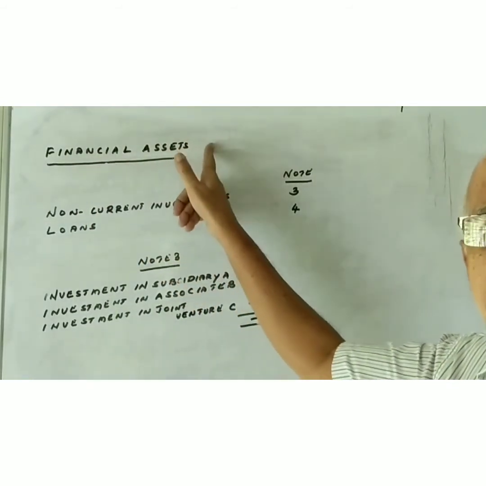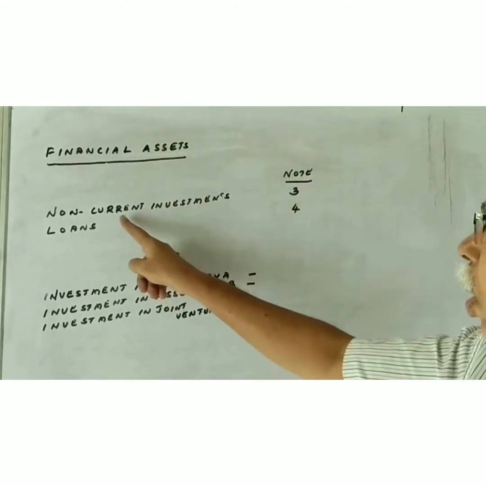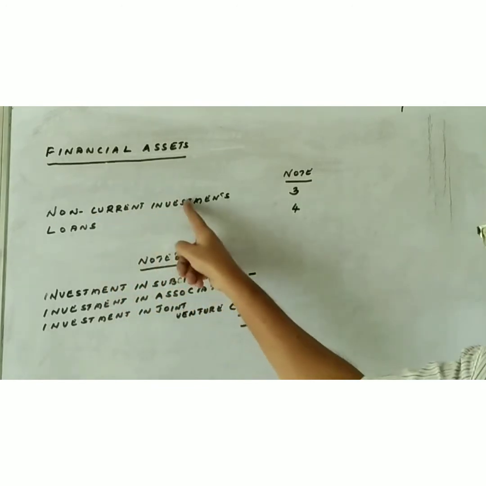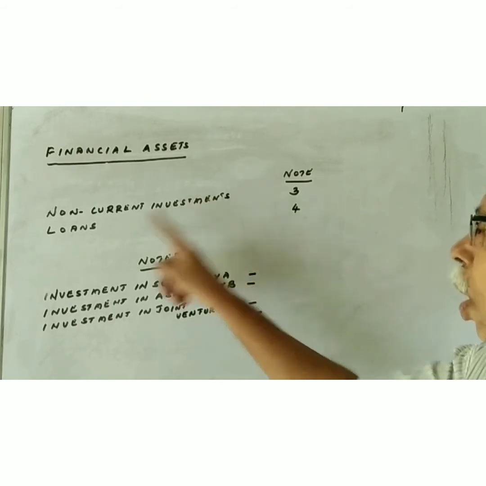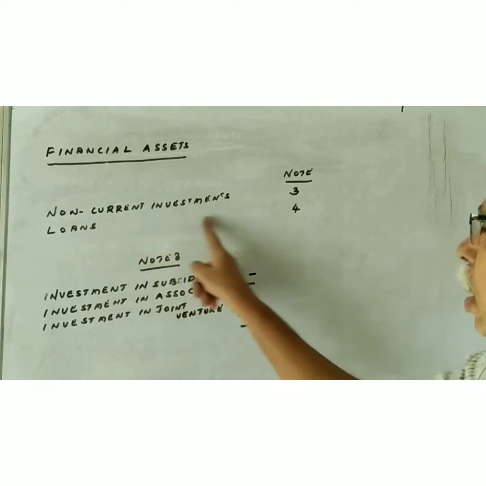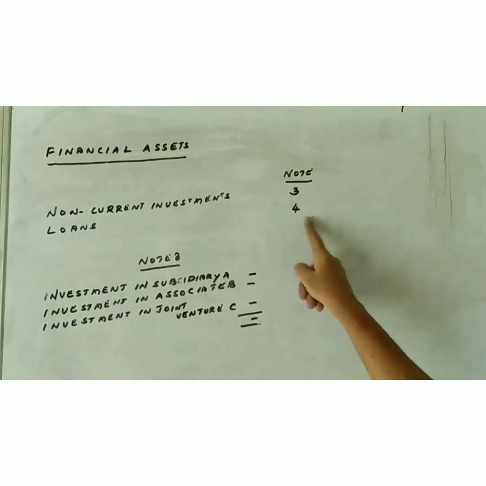Financial assets are next. They will comprise non-current investments, loans. Non-current investments are investments in subsidiaries, associates and joint ventures. Loans are those provided to investee companies. Notes will be 3 and 4 respectively.